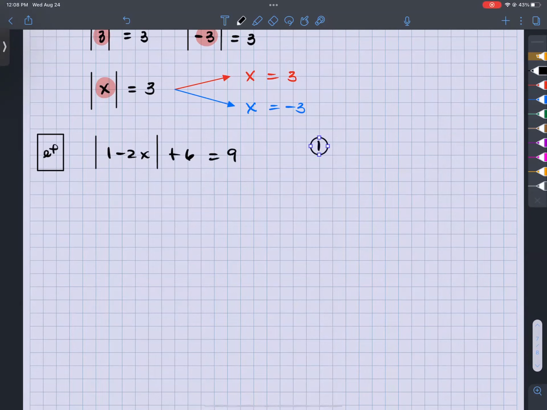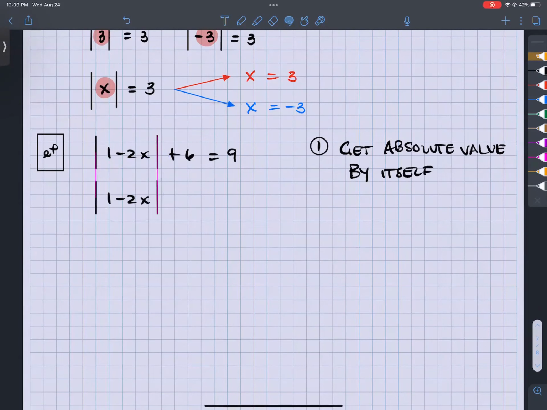So the first thing I've got to do is get the absolute value by itself. And then set up your 2 equations, right?